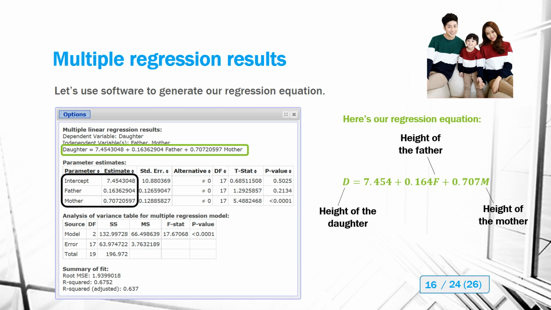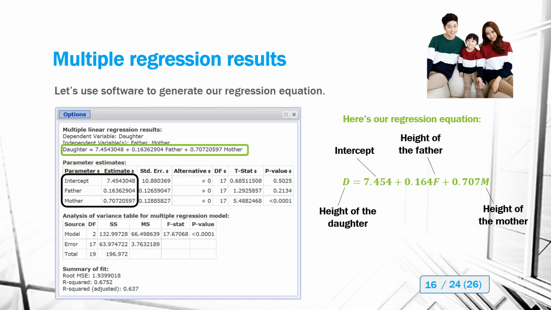Notice that the intercept and the coefficients for father and mother, that these values are actually listed here in the table as well as above in the listed regression equation. Sometimes I find it easier to look at these values here when I'm actually trying to round values out, because it's kind of easier for me to see the number separated from everything else around it like it is up at the top.